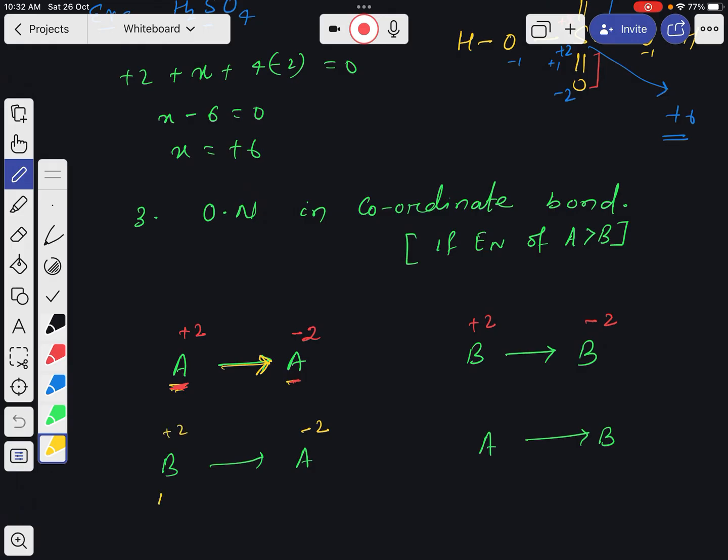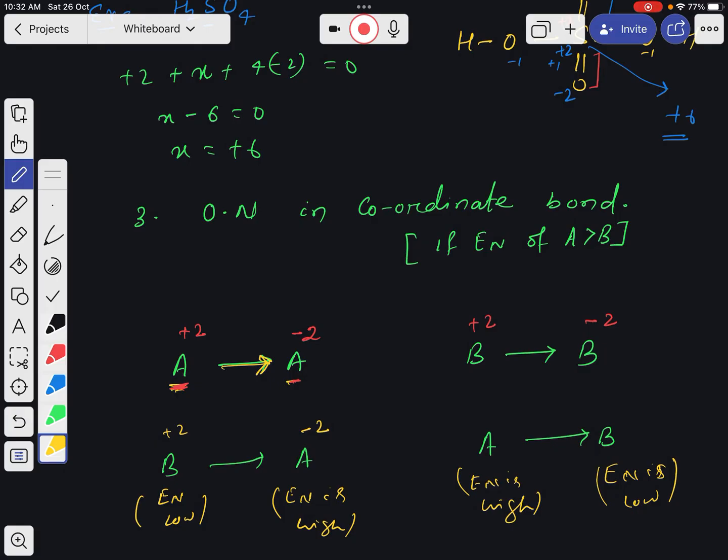Here the electronegativity is low, here the electronegativity is high. Okay, in this case the electronegativity is high for A and the electronegativity is low for B. Okay, electronegativity high and electronegativity low.